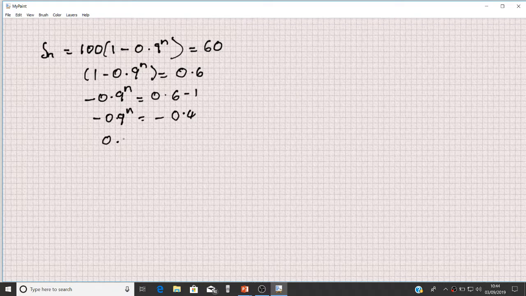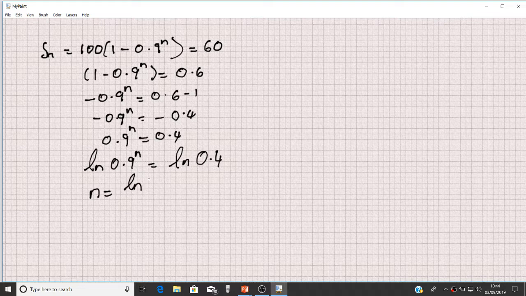So I have 0.9 to the n on the left equals 0.4 on the right. Taking ln of both sides, n times ln 0.9 equals ln 0.4, and n therefore equals ln 0.4 all divided by ln 0.9.